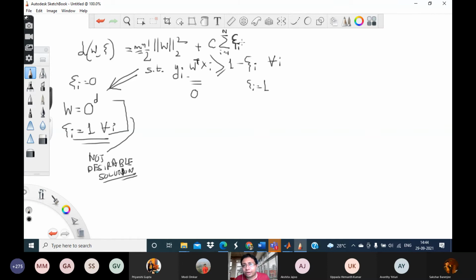Ideally, I want the number of misclassified samples to be minimized, that is, the number of points for which xi is positive. But that I am not able to do, because it is difficult to express that as a differentiable mathematical function. So I simply use the sum instead.